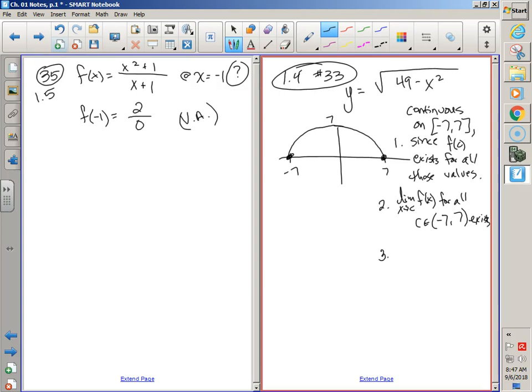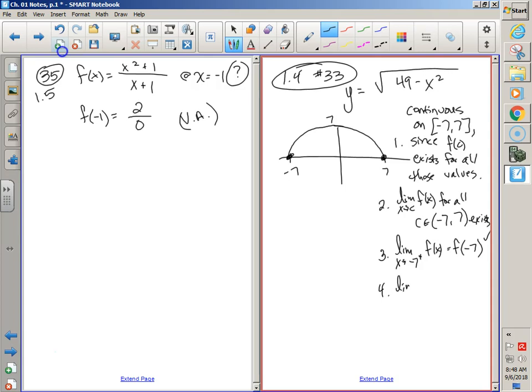Now I'm doing the definition of continuous on a closed interval. I can say as I come from above -7, where I'm approaching is where the point is.